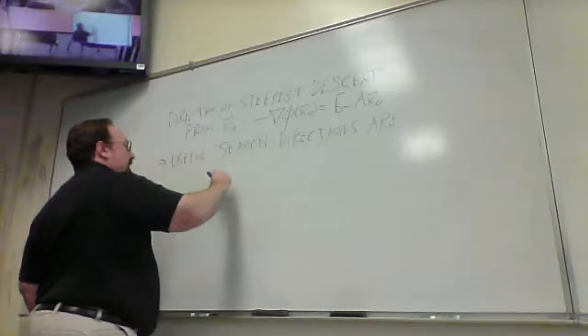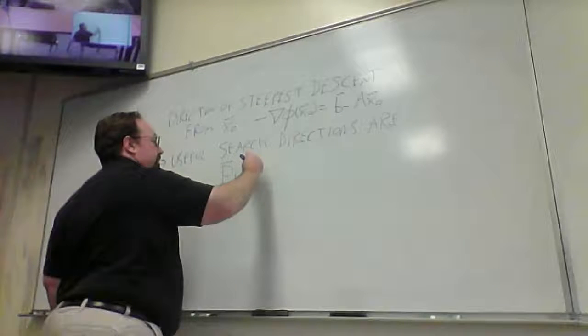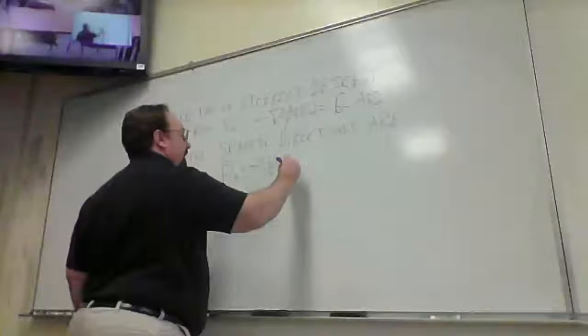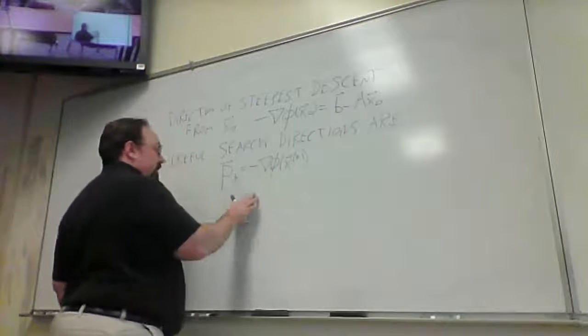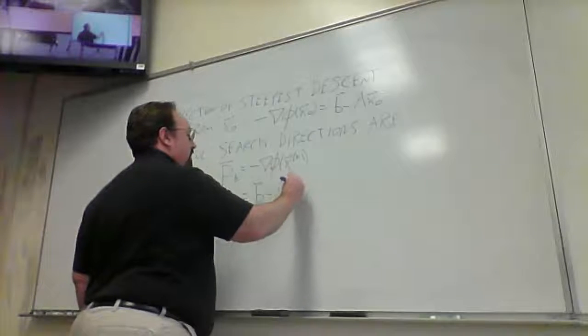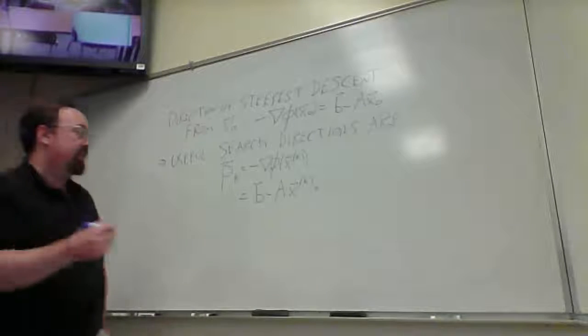So I will just go ahead and set each search direction pk to be equal to minus the gradient of phi at xk. But that's going to be b minus Axk, which is our residual.